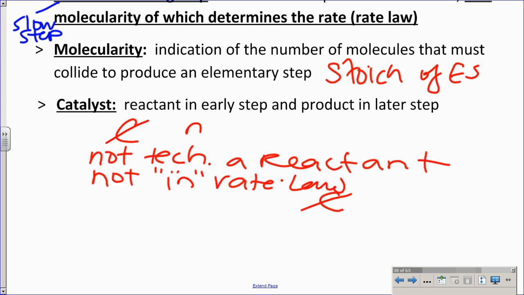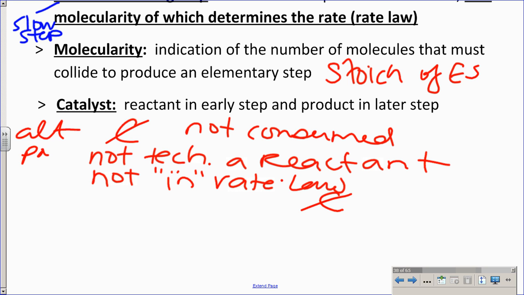What else do we say? Not consumed or used up. And generally, the words that you should be associating with catalyst are provides an alternate pathway for a reaction that has a lower activation energy. So, terminology savvy we are now, yeah?